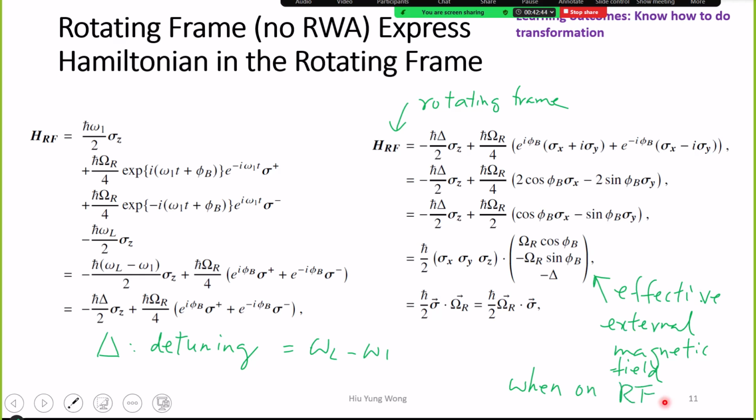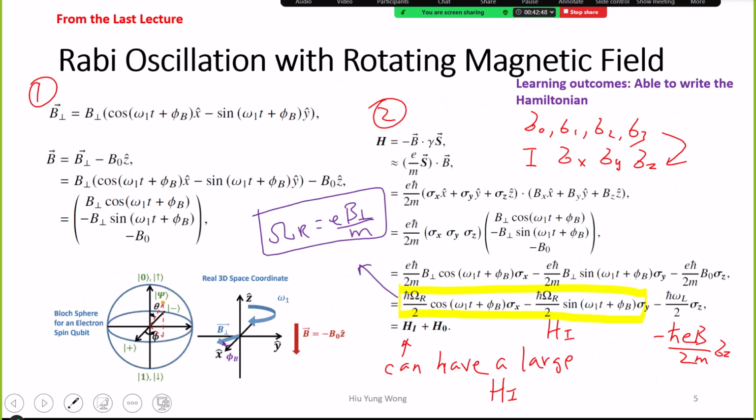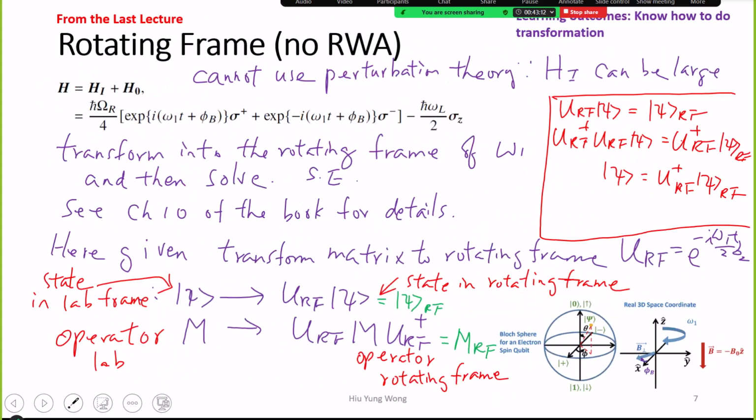Do you see this? Let's go back one more time. Again, how do we find the Hamiltonian? We always find the Hamiltonian using this equation. And it always gives us a constant in front, the Pauli vector dot product with an external magnetic field. That is the physics. It's always the Pauli vector dot product of the external magnetic field. I did all this complicated transformation.